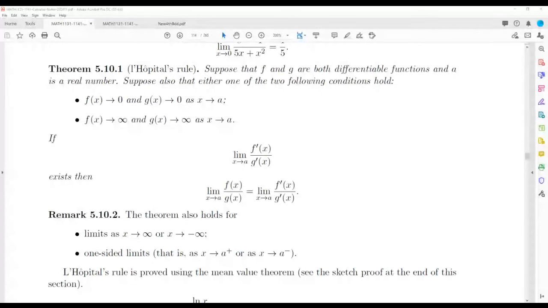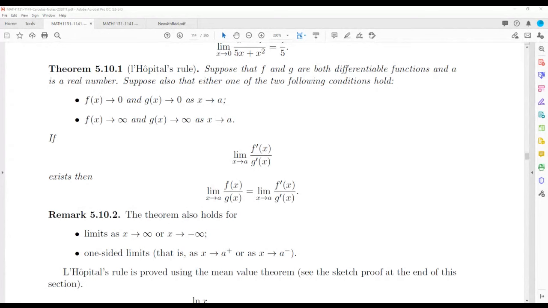I'm going to share my PDF with you, and we can have a look at L'Hopital's rule. Now, some people call it L'Hospital's rule, but it's a French word.